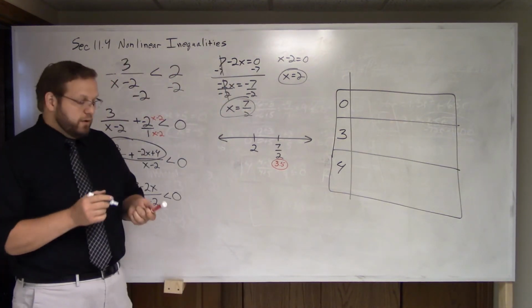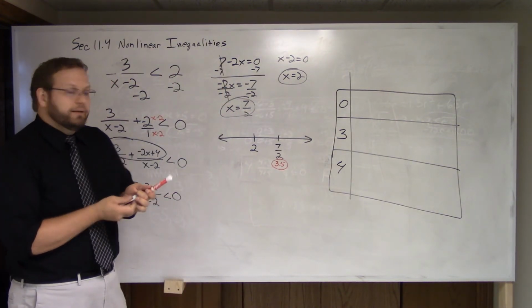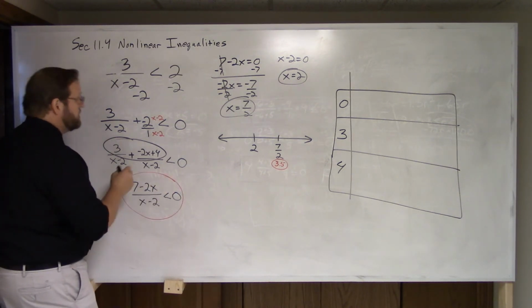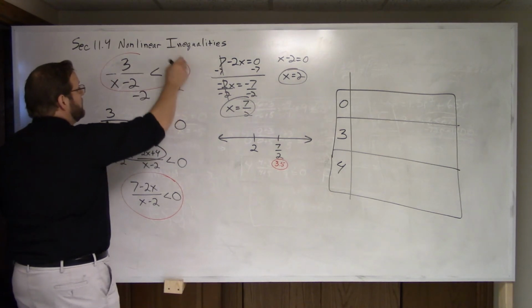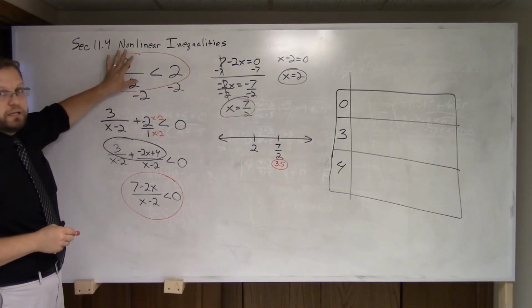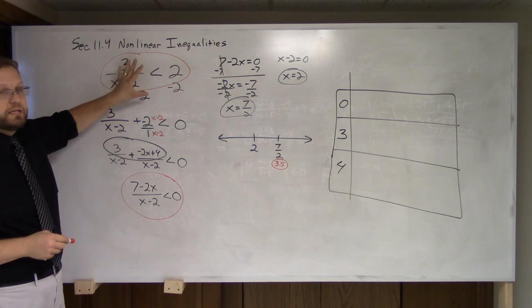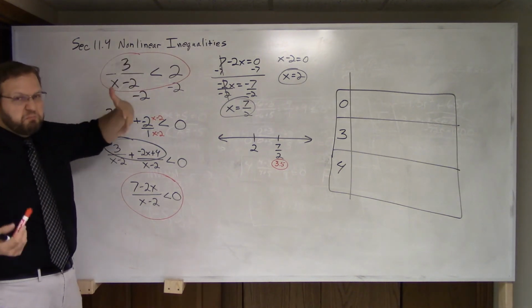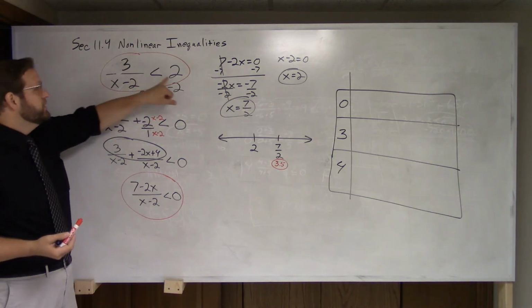Okay, now again, where do we plug in? You can plug in, I would say, here, or you could go all the way back to here. This requires a little less calculation. The problem with it is you have to then compare your number, which might be a fraction, to a 2.